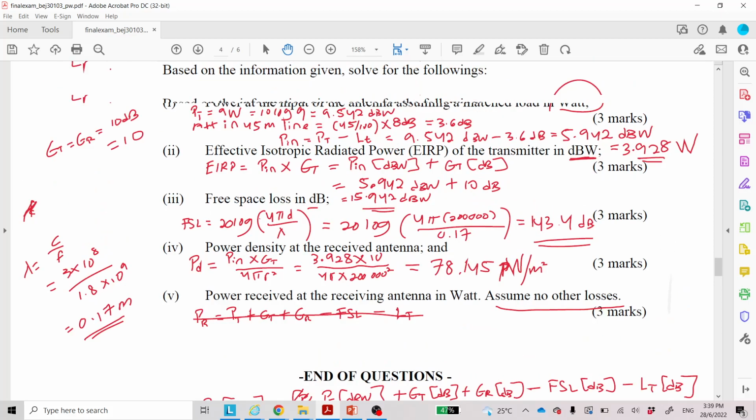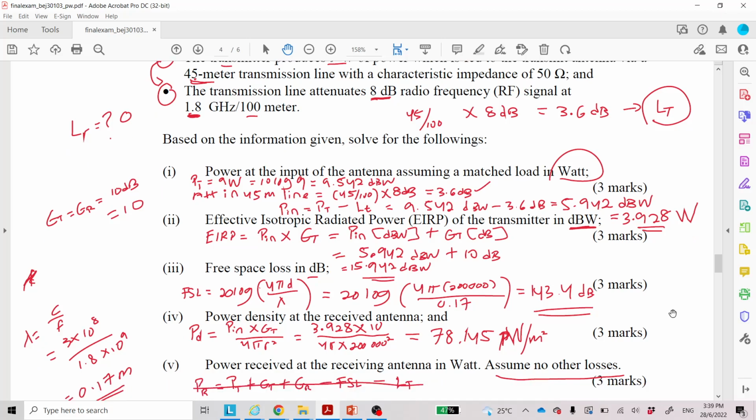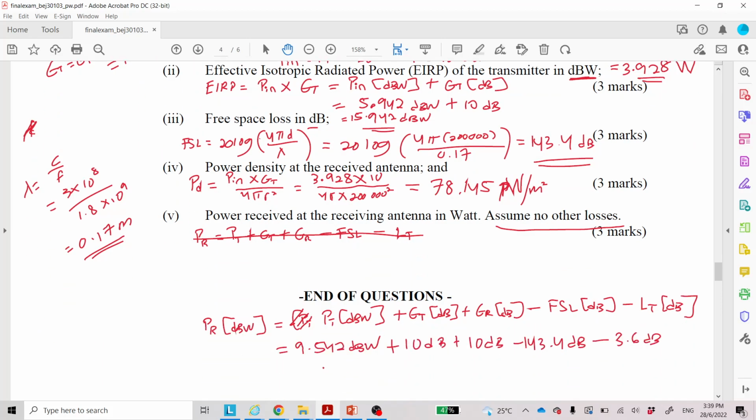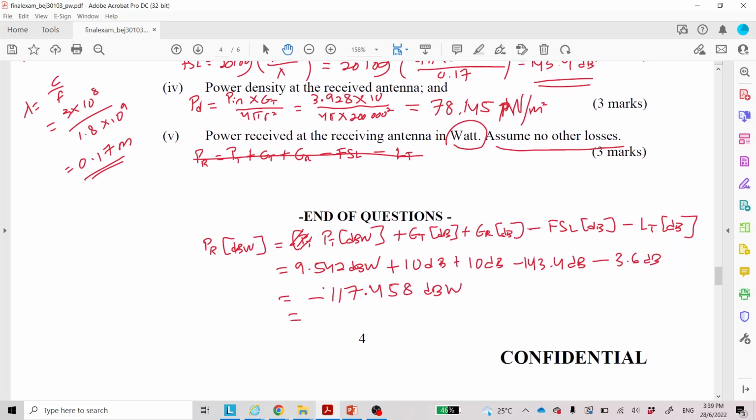So we have found the answer from the first question, which is 3.6 dB. Therefore you're going to get the answer equal to minus 117.4458 dBW. And the question asks in terms of watt, so you need to change this into watt. So take the anti-log of this.